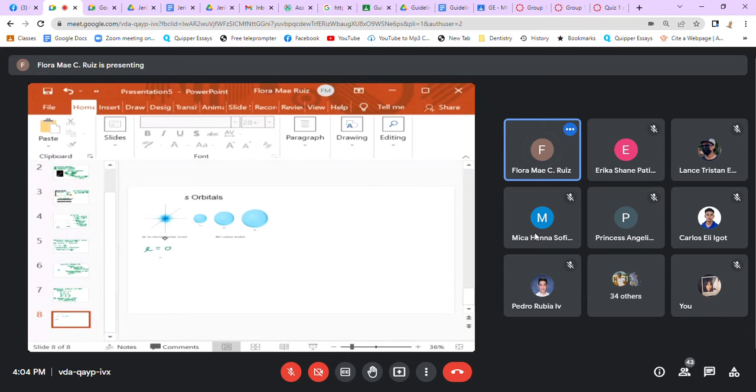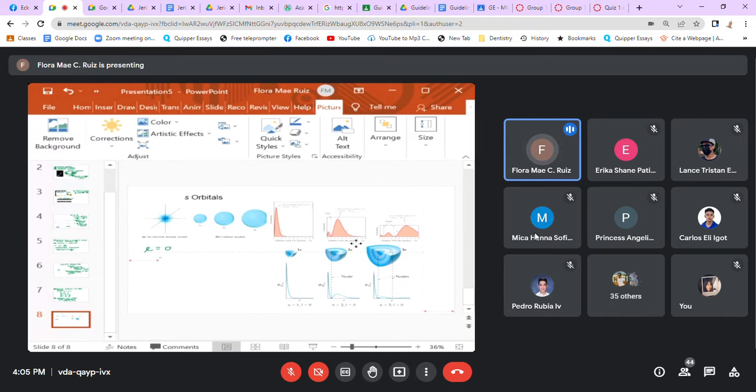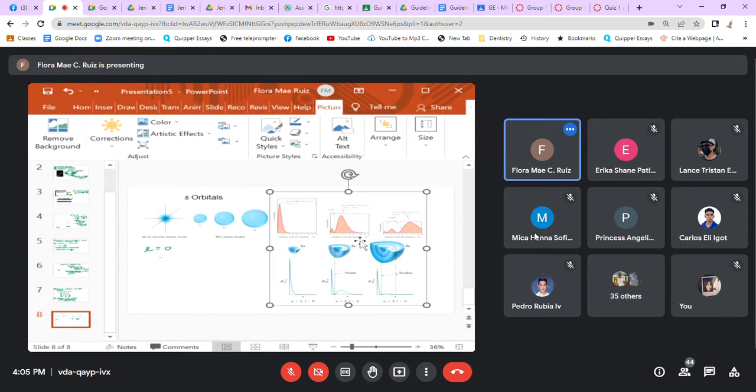Now let's see the probability graph of your s orbitals. This is the probability of finding the electron as you go farther away from the nucleus, from the center of your atom. For an ns orbital, the number of peaks that you can see is n.